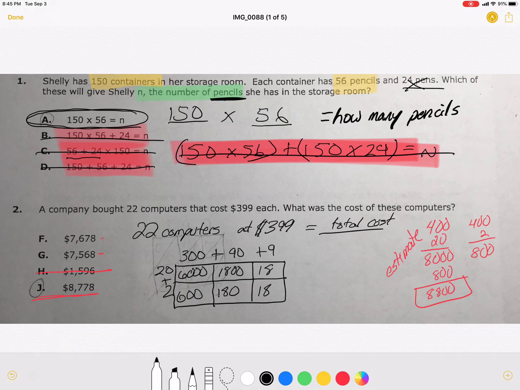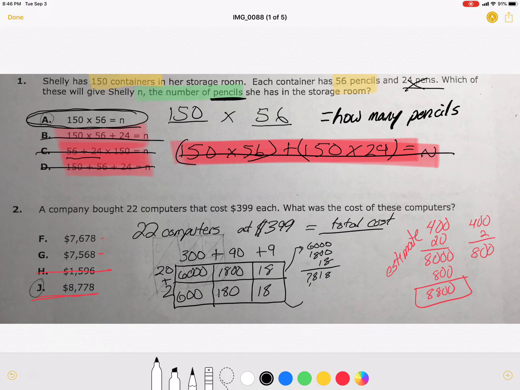So now we just add these things up. So this line becomes 6,000, 1,800, 18. Add that up. 8, 1, 8, 7. 7,818.